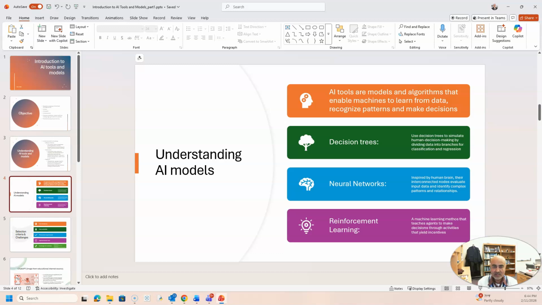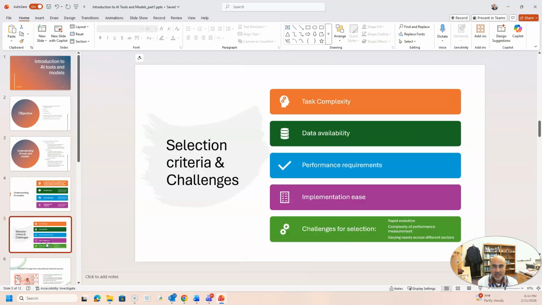You might say that this is working on neural networks or this is working on decision trees. And the ability to choose them for individual applications is important because it is going to be determined by the context where and how you're trying to use it. So we'll start off with understanding some of the tools and the models that are underlying in our AI applications.